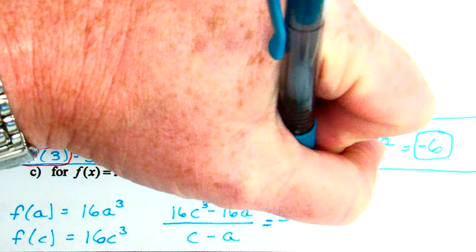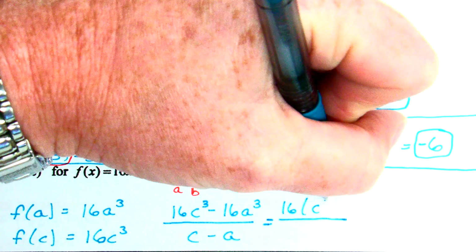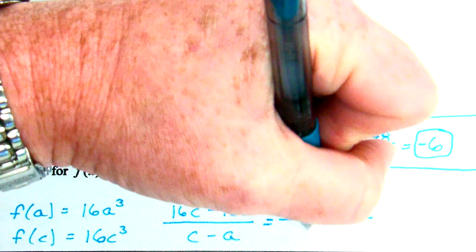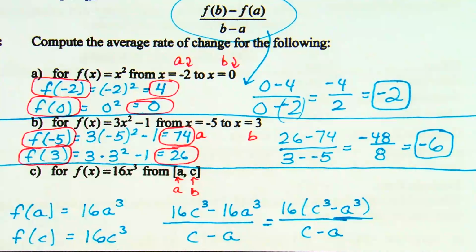What's left in my parentheses? C cubed minus A cubed, all over the denominator of C minus A. And again, I know we want to cancel here, like, I can just cancel a C, cancel an A. However, no, we have to think in terms of factoring.